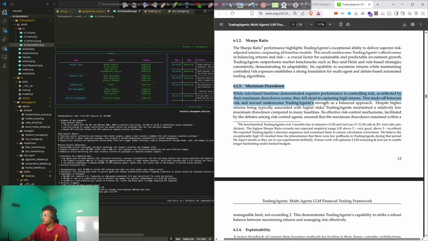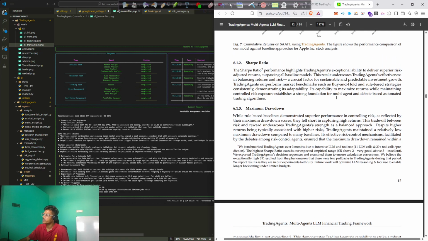Okay, so let's continue. Maximum drawdown. This is also very important. While rule-based baselines demonstrated superior performance in controlling risk, as reflected by their maximum drawdown scores, they fell short in capturing high returns. Even if they demonstrate good performance in controlled risk, the baseline strategy's drawdown is very high, which is not good.